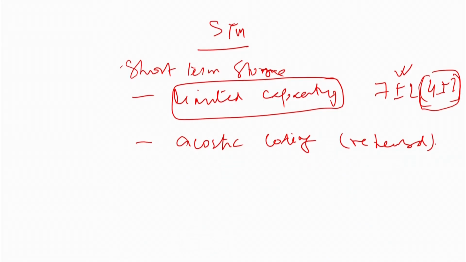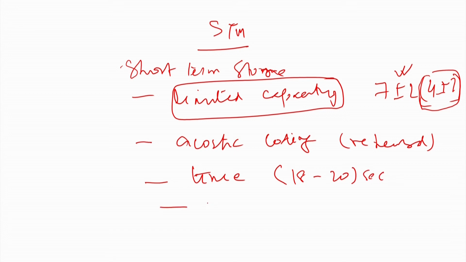It is basically verbal, and rehearsal is the main reason for this kind of storage. The time period for which any item can remain in the short-term store without repetition is 18 to 20 seconds, and this is an output from the Brown and Peterson task.